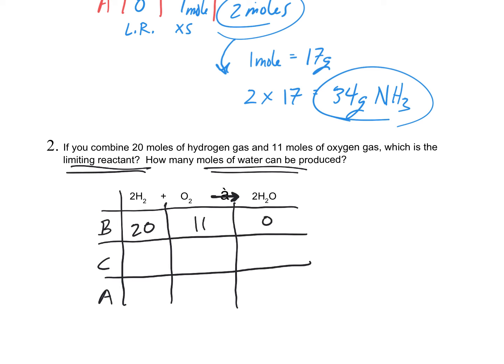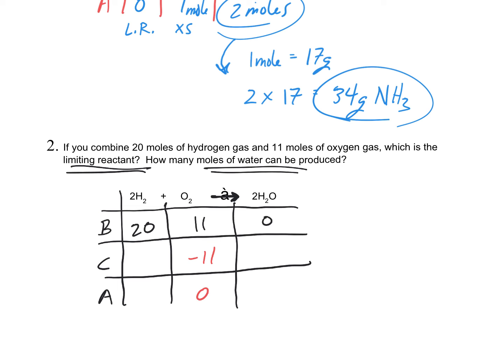Okay, so like I did before, I'm going to start with a scenario that I think is not going to work, just to show you why this approach doesn't work and that we're going to try another approach. Okay, so let's say we were to call oxygen the limiting reactant. And let's say I used up all that oxygen.